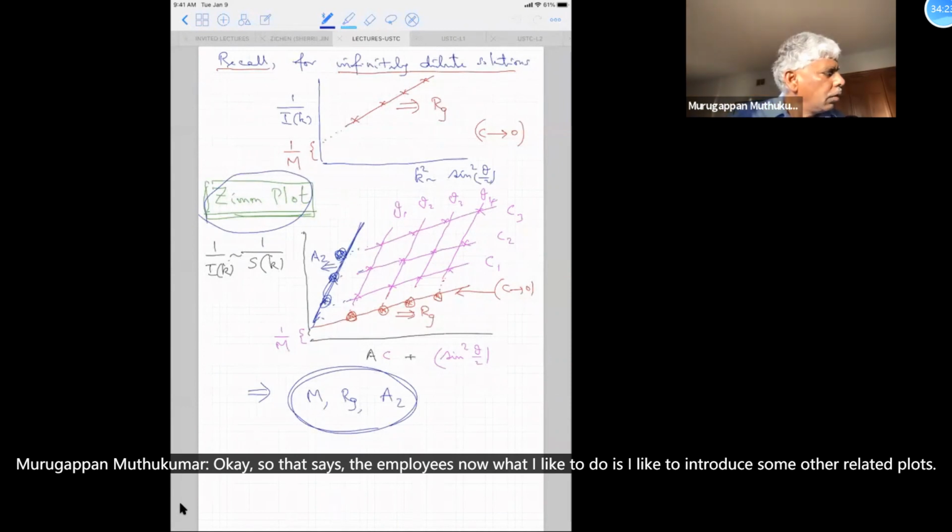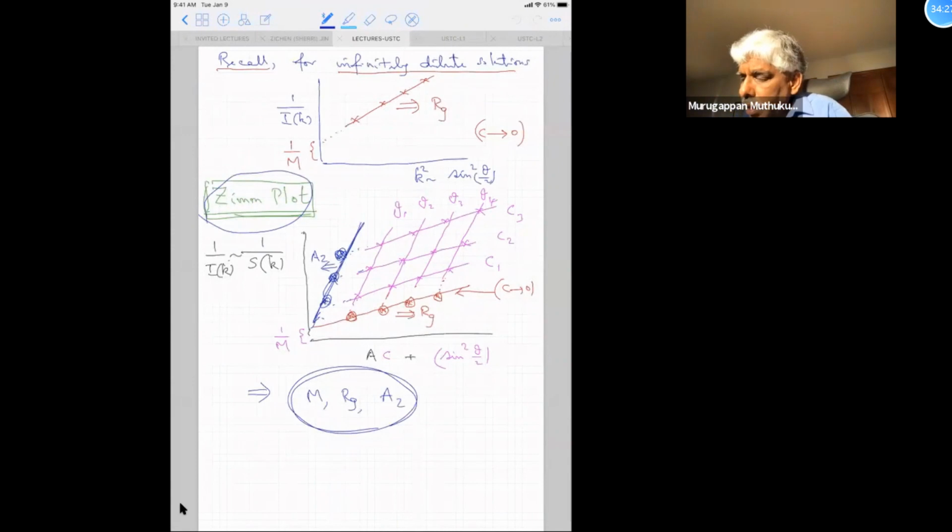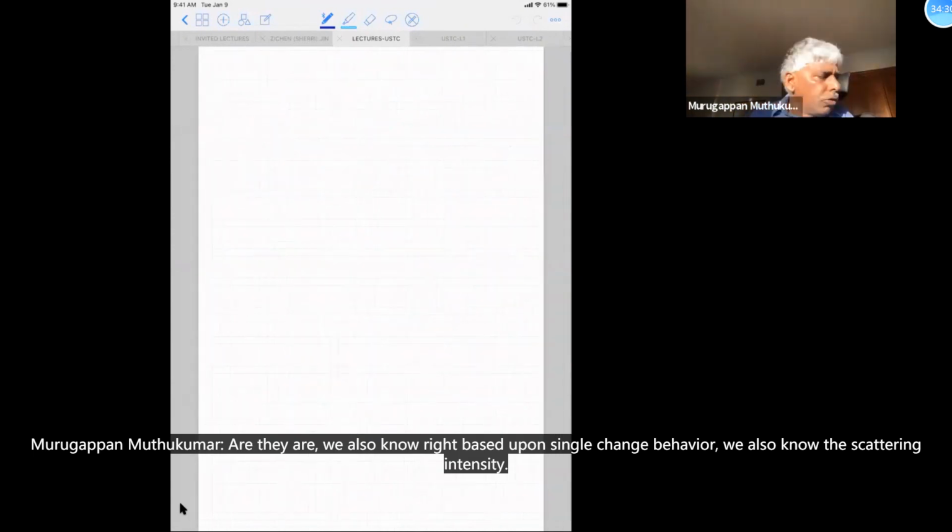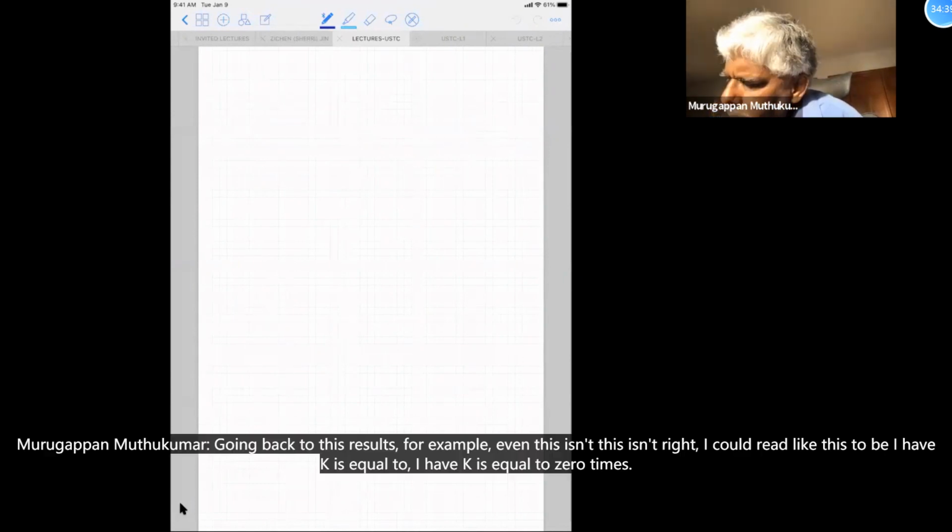Now, what I'd like to do is introduce some other related plots. We also know, based upon single chain behavior, the scattering intensity, going back to this result.